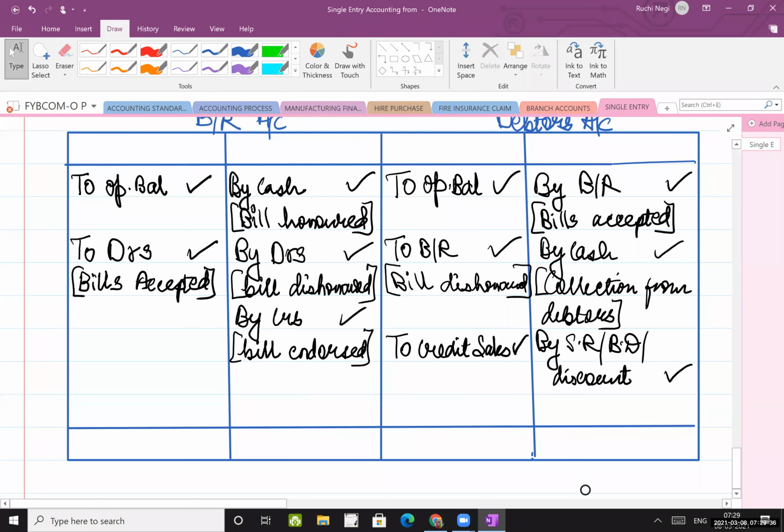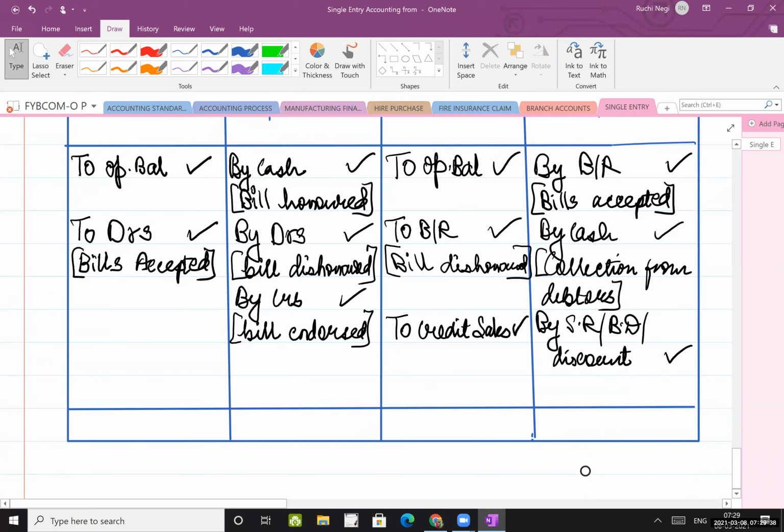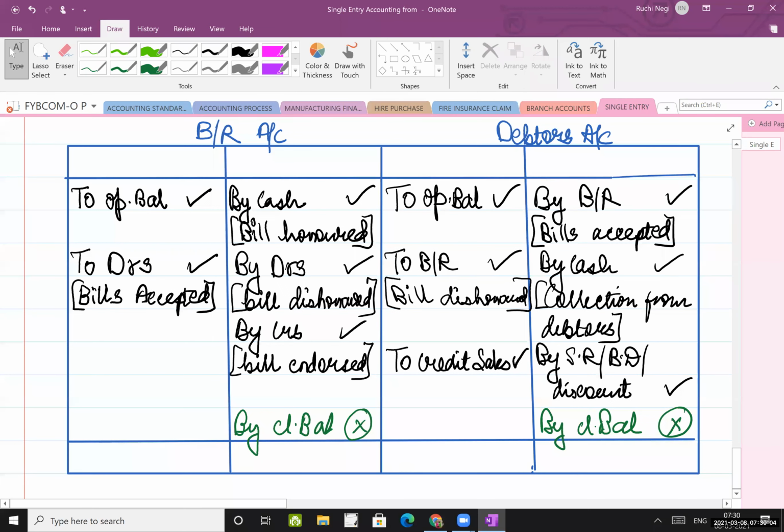Okay. So when you close this ledger, obviously you will get a balance. That balance will be your closing balance. When you close debtors, closing balance of debtors. Is this clear to everyone? समझ में आया?